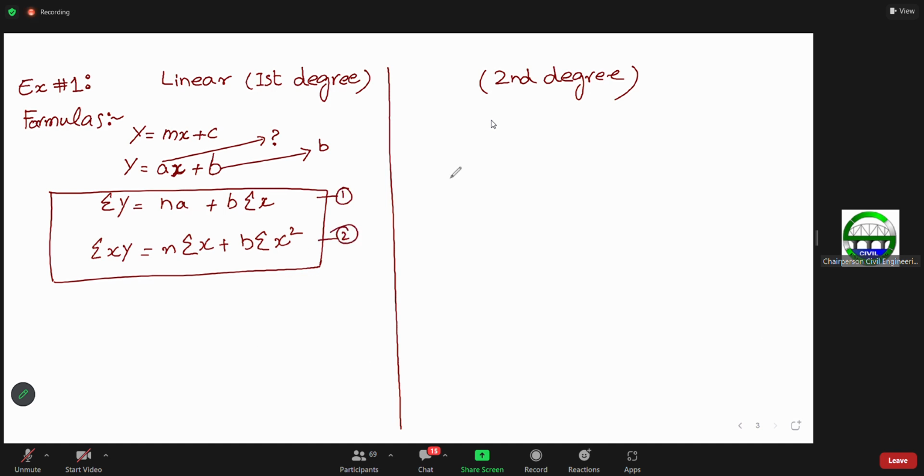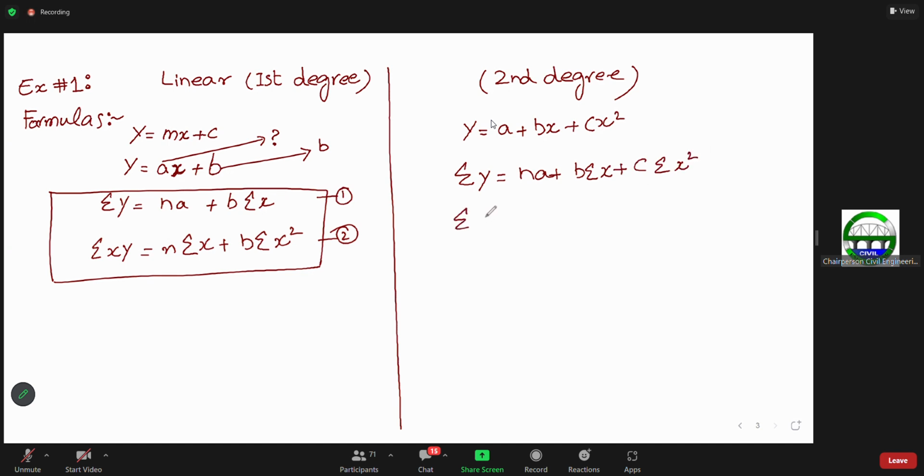In a similar way, if we go with the second degree equation, I can write y = a + bx + cx². Then I take the summation: Σy = na + bΣx + cΣx².